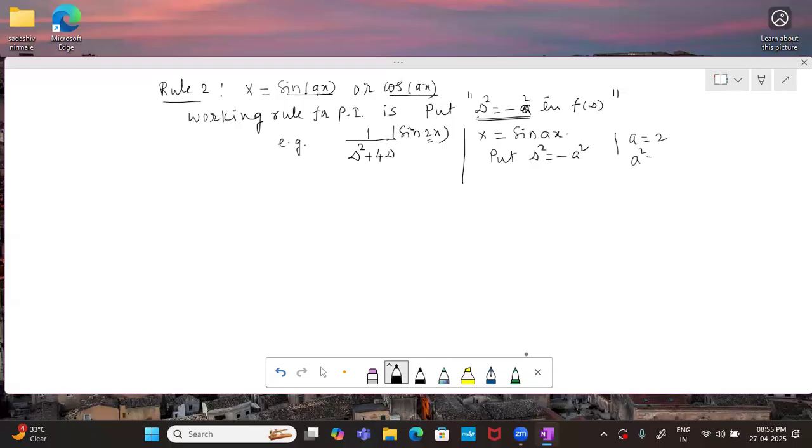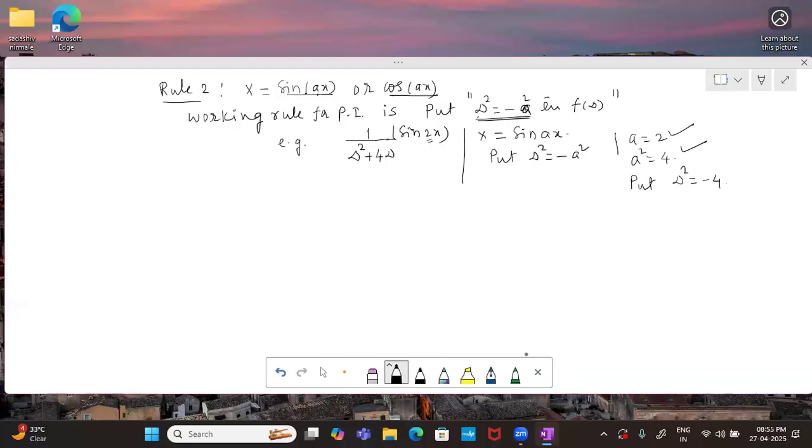A square is 4. And put by the working rule D square is equal to minus 4.